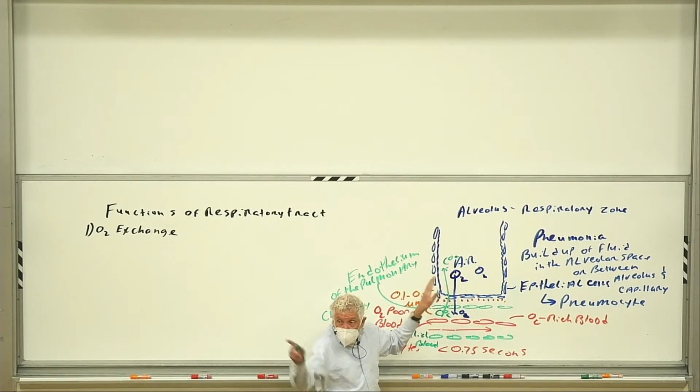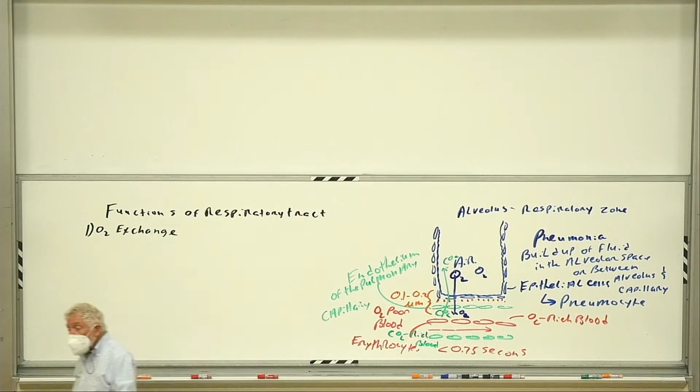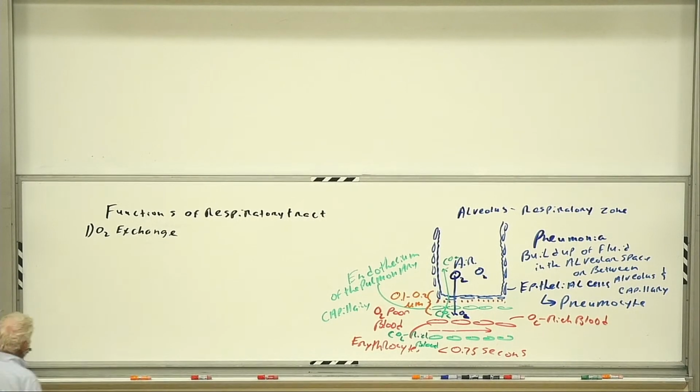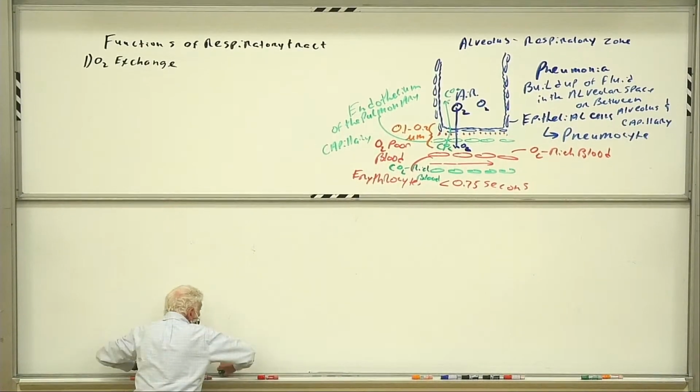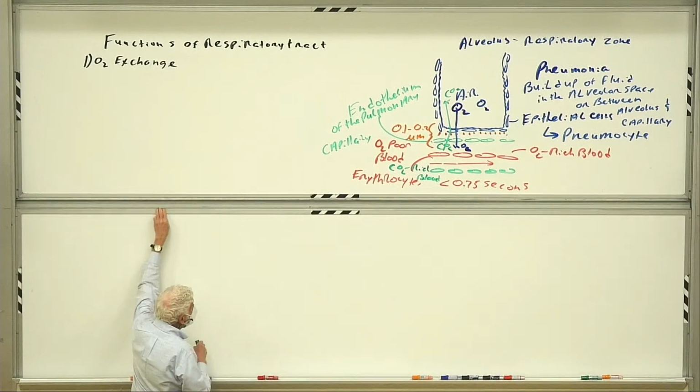So we talked about how oxygen binds to the iron atoms on the erythrocytes. What is CO2 doing? Great question. Let me do it up here. We're going to talk about this in more detail, but we may as well do it now.